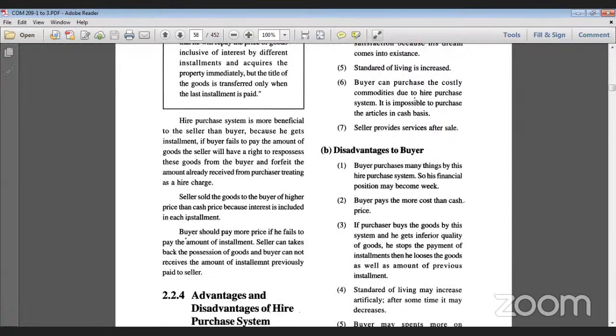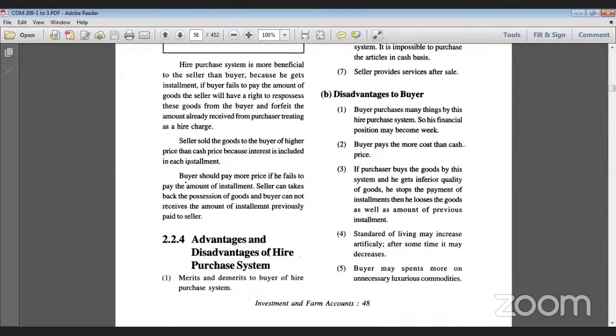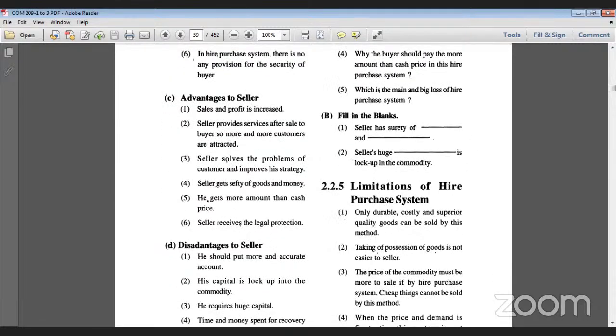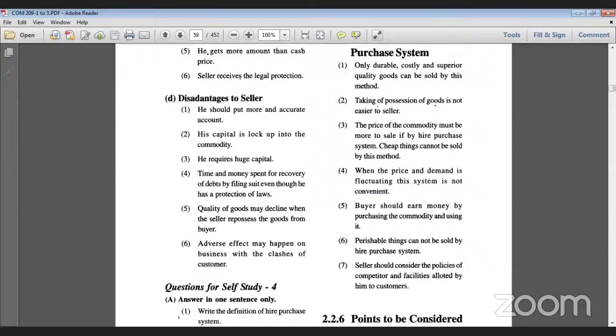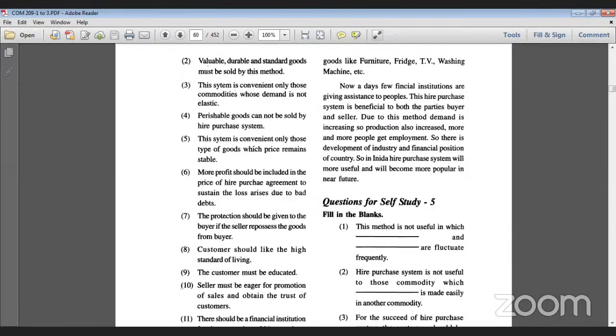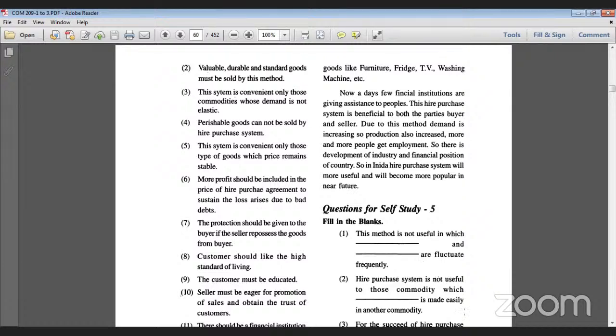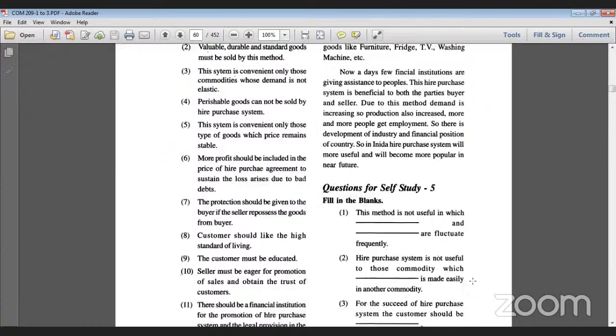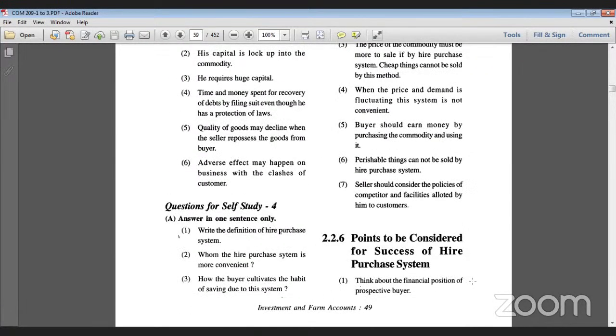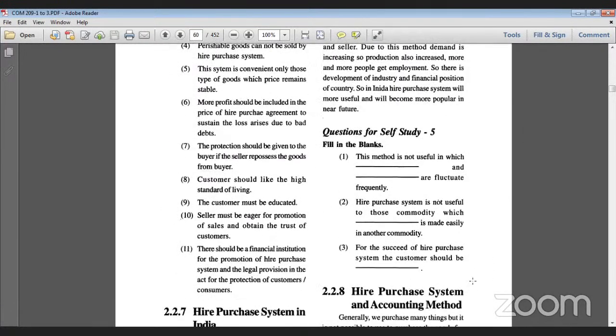So these are the definitions, the given advantages, disadvantages, and limitations. These are for your reading purpose. You just read it, memorize the points only, do not mug up all these points.